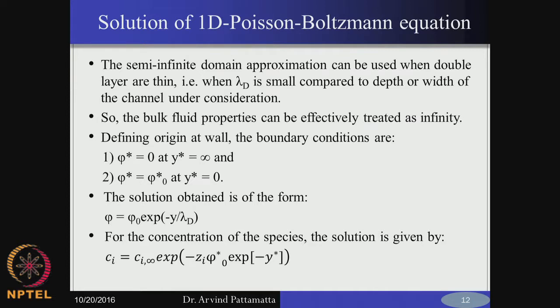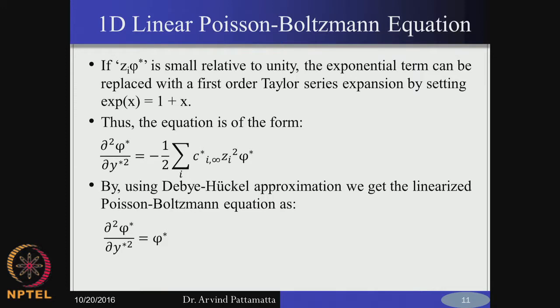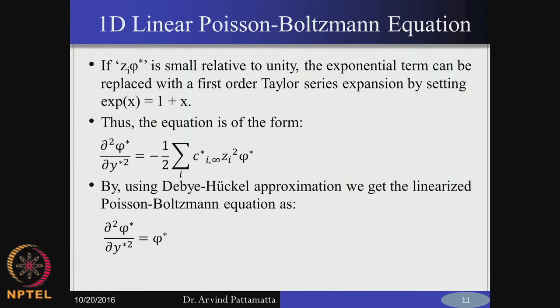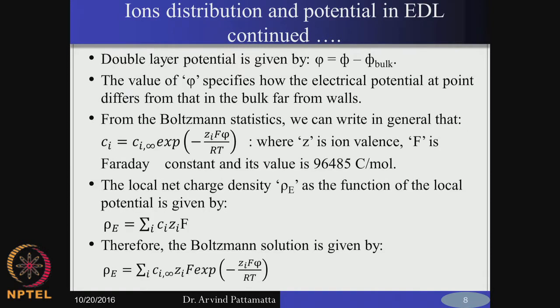So, we can apply the condition that at y equal to 0. Since these are non-dimensional coordinates, we can define everything in terms of non-dimensional values. You have y star equal to 0, and the corresponding value at the wall, the over potential, will be the value of phi star naught, or you can use W to represent the value at the wall. What it means is that it is the value of potential at the wall minus bulk.